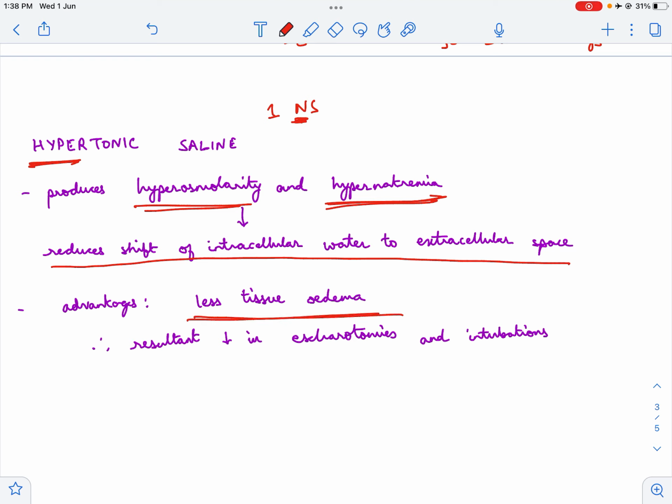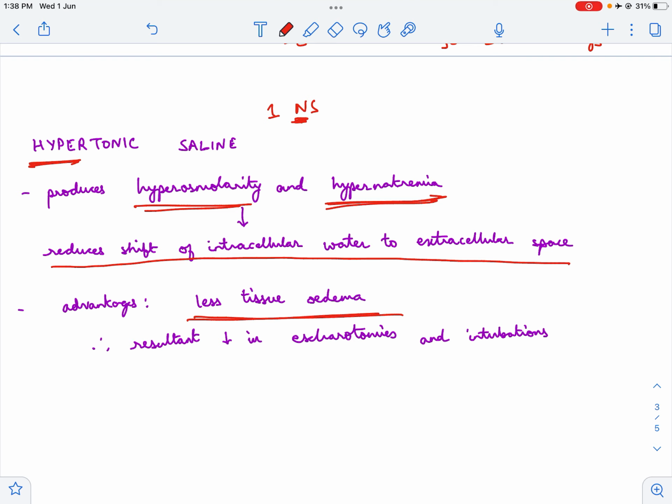Now one problem with burn patients is that there is quite a bit of tissue edema. A consequence of the tissue edema is, supposing the patient develops tissue edema in his upper limb, the circulation gets impeded to the distal tissues, and then the patient will require a fasciotomy to improve circulation.